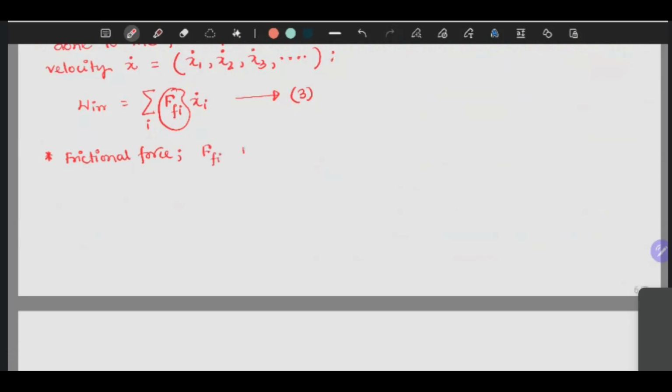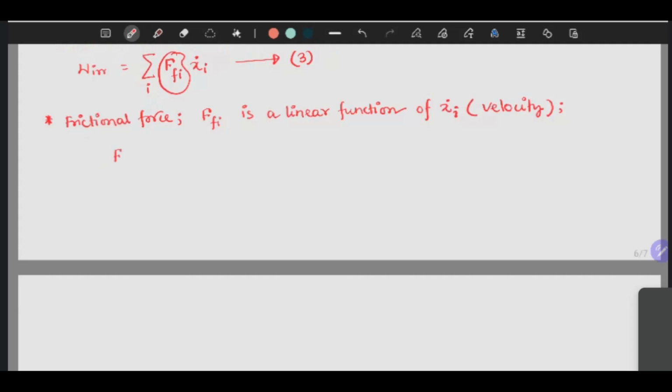If Fi is a linear function of x dot, which is velocity of that direction and of that coordinate, it is written as Fi equal to minus sum over j of gamma ij xj dot. Remember, this is not a constant anymore, it becomes a generalized friction coefficient, and this is a matrix.